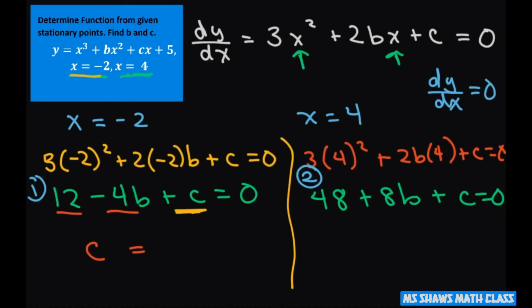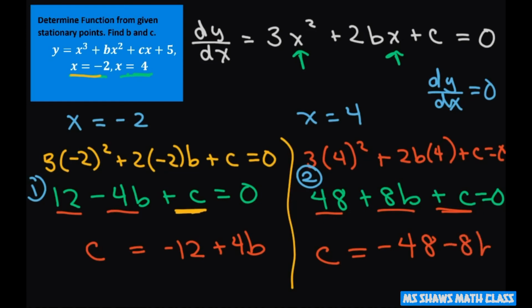So if I move these over, it's going to be -12 plus 4b. Same thing here. My c is already positive, so subtract both of these from both sides, and you get your c. So it's -48 minus 8b.